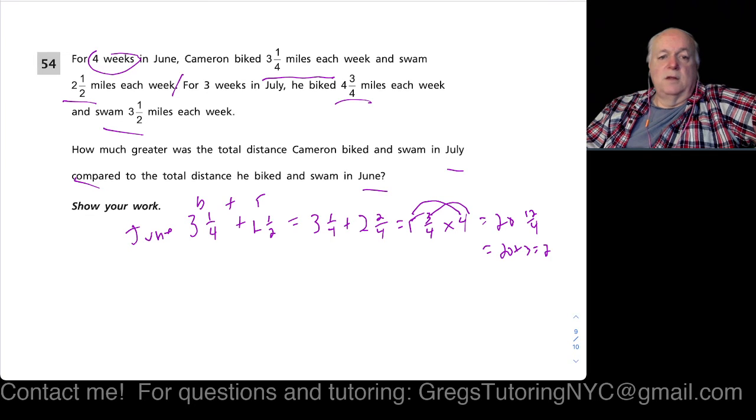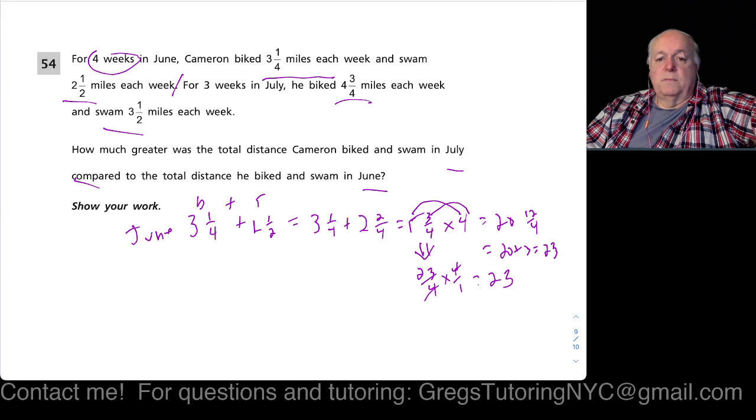The other way to have done this was to map this into a top-heavy fraction. And we get 5 times 4 is 20, we get 23 over 4 times 4 over that. Now we could multiply out the numerators, or we could just cancel these. If you notice, we still get 23. So 23 what? 23 miles. It's good to keep track of your units all the time, okay?